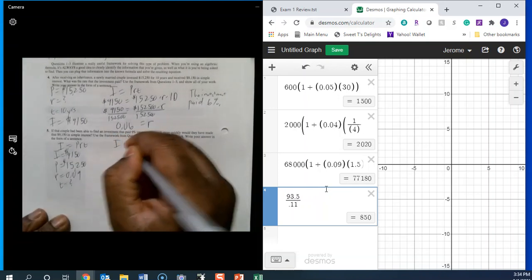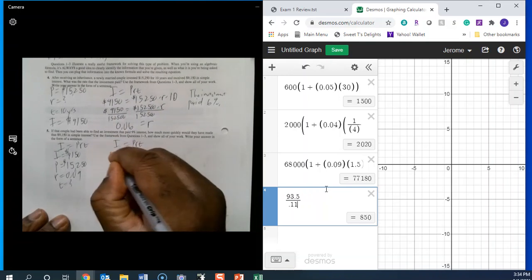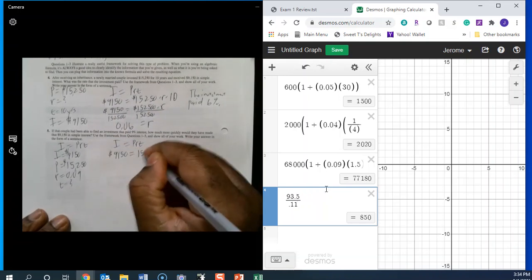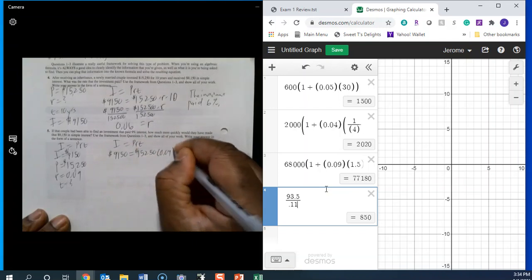So we have our formula. I is 9,150. The principal is 15,250. The rate is 0.09.